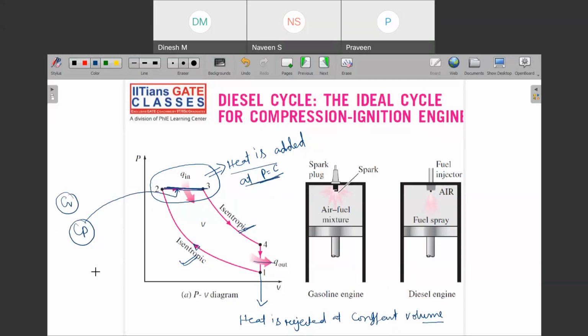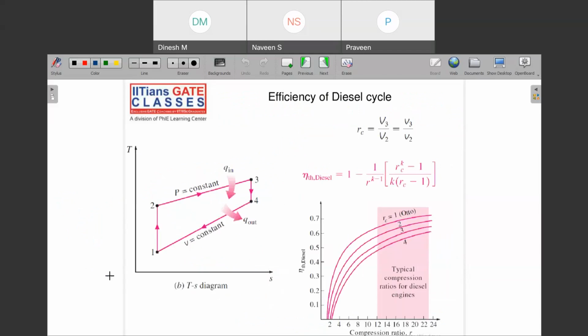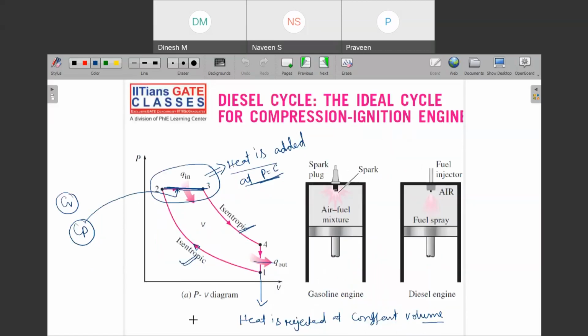So let us now work with efficiency. There are two additional terms in this one. Let us understand what that is. Can you see that?